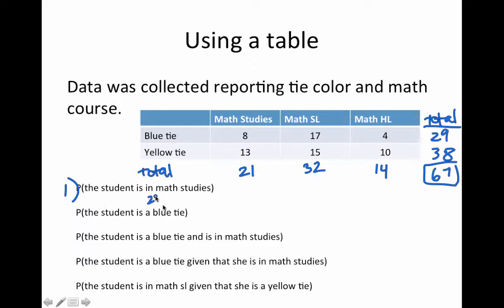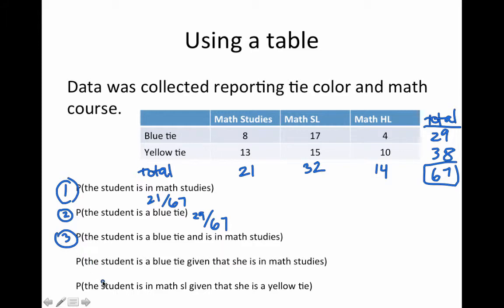So that would be 21/67. For the second problem, if I want to find the probability that the student is a blue tie, I just look at the blue tie row, and there's 29 blue ties, and I divide that by the total number of students that I asked. So 29/67.